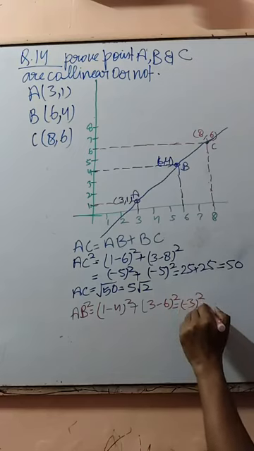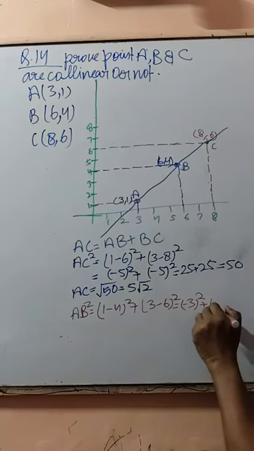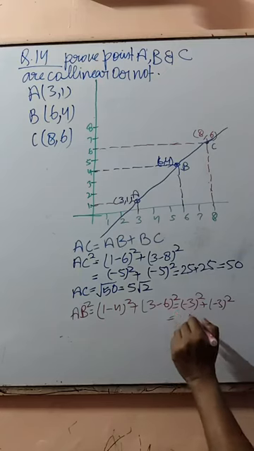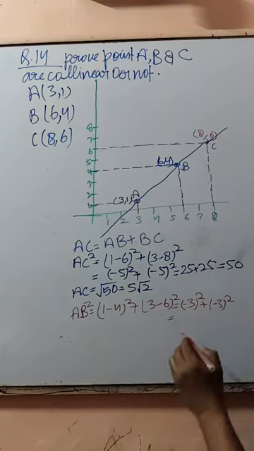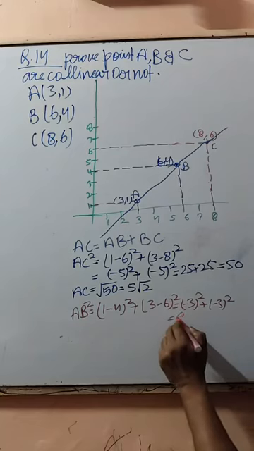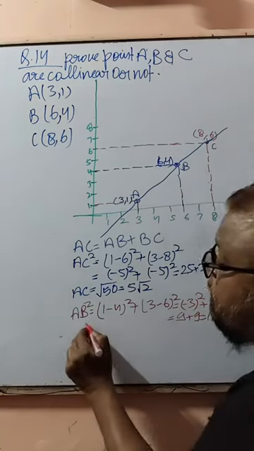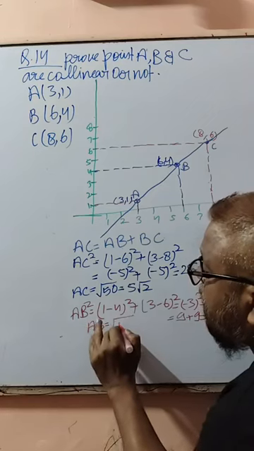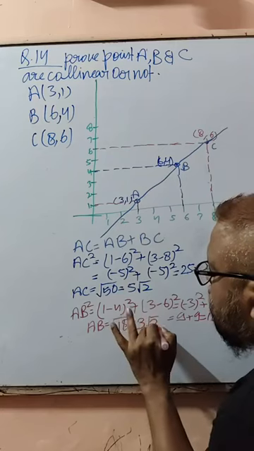Minus 3 whole square plus minus 3 whole square. So this is how much? 9 plus 9 is equal to 18. So AB is equal to root 18, becomes 3 root 2. Right?